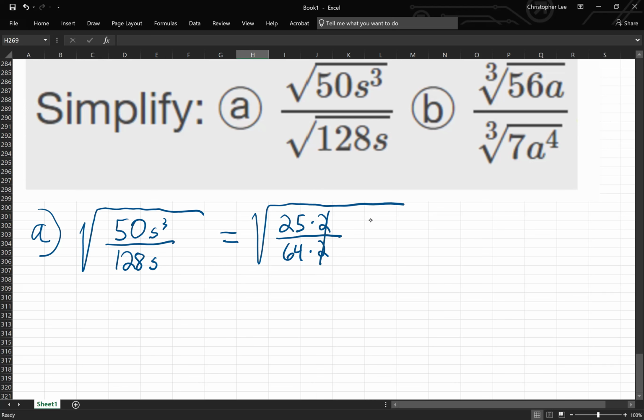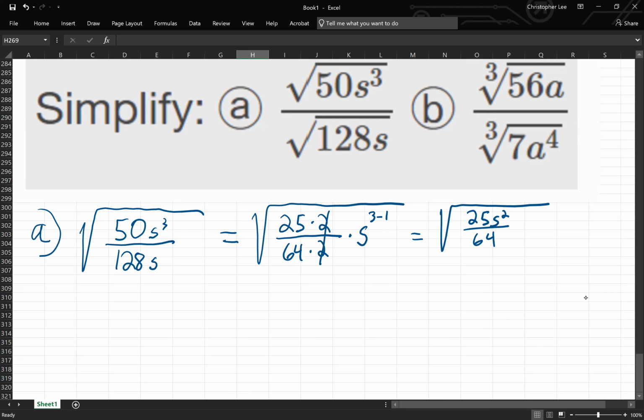Very simple. Then I have s to the third over s, which becomes s to the 3 minus 1 power, right? Because remember, we subtract top minus bottom. So here's what I got as my almost final answer. This is going to be square root 25 s squared over 64.